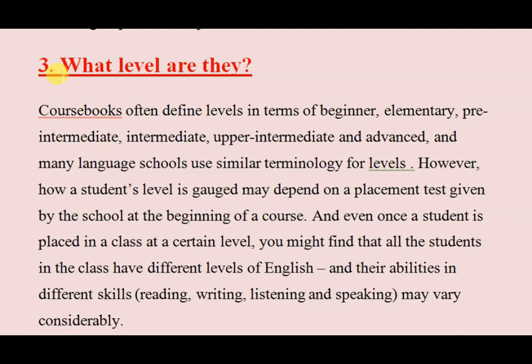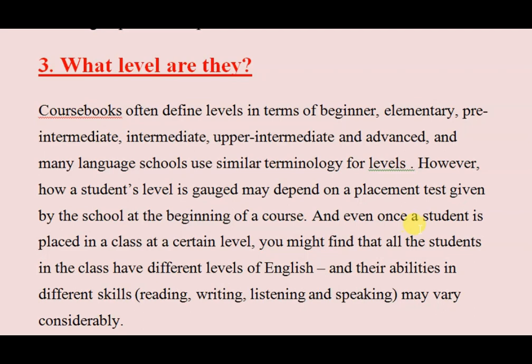3. What level are they? Coursebooks often define levels in terms of beginner, elementary, pre-intermediate, intermediate, upper intermediate and advanced. And many language schools use similar terminology for levels. However, how a student's level is gauged may depend on a placement test given by the school at the beginning of a course.